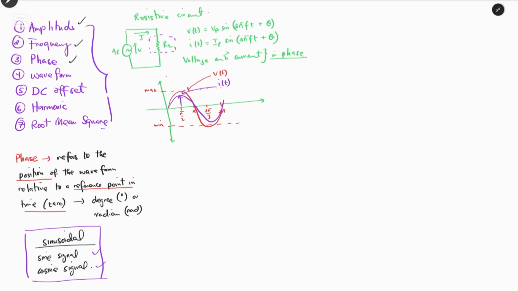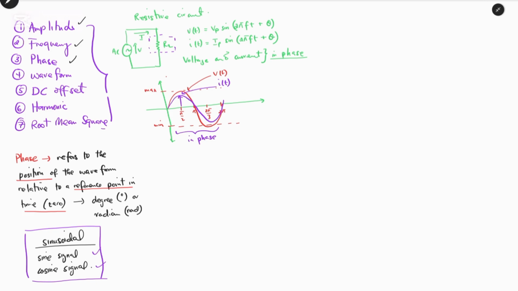However, from this waveform, we can see that both are in phase. The voltage and the current are in phase in a resistive circuit that deals with the AC signal. And if we decrease the resistance closer to zero, that means the current and the voltage will be in phase and with the same magnitude.